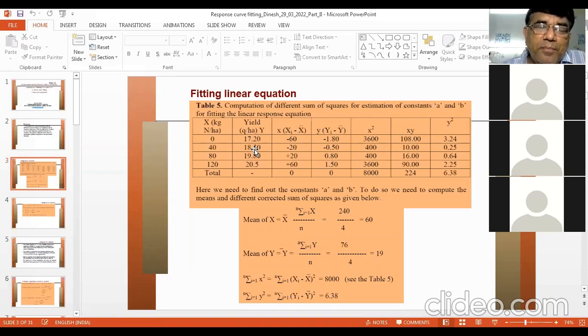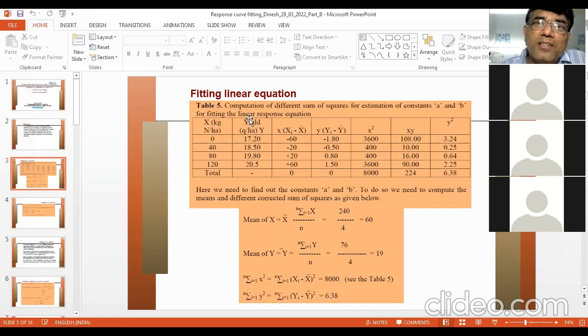But otherwise, many times students like to see the relationship between any other dependent variable. Suppose you want to make the relationship between fertilizer application and nutrient uptake. So here you can put in place of Y, you can put nutrient uptake. How much is the nutrient uptake at different levels of fertilizer?